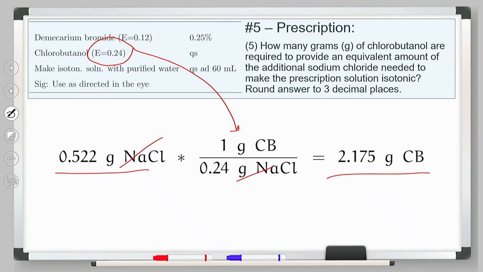So it turns out I need to weigh 2.175 grams of chlorobutanol. Dissolve that in water, and that will be equivalent to having dissolved 0.522 grams of sodium chloride. So I will produce the same amount of osmotic force as that amount of sodium chloride. When mixed with my active ingredient, then I'll have an isotonic solution. All right?